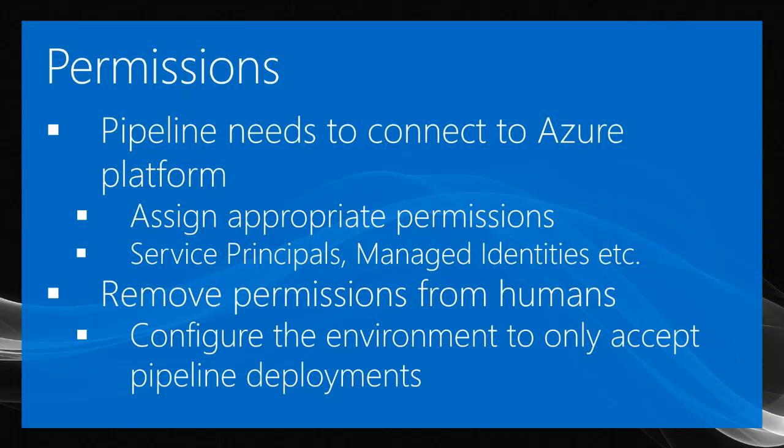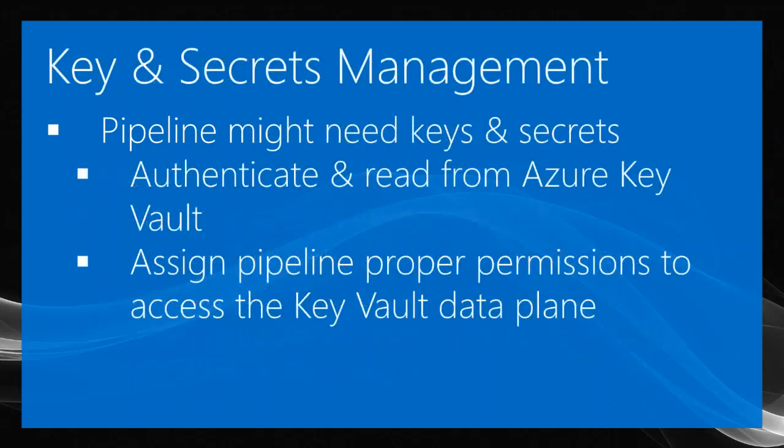But of course, that pipeline might need certain passwords, secrets, keys or something. And so someone also needs to handle these. So it's possible that the pipeline needs to connect somewhere, and for that needs a password or an application secret or something.